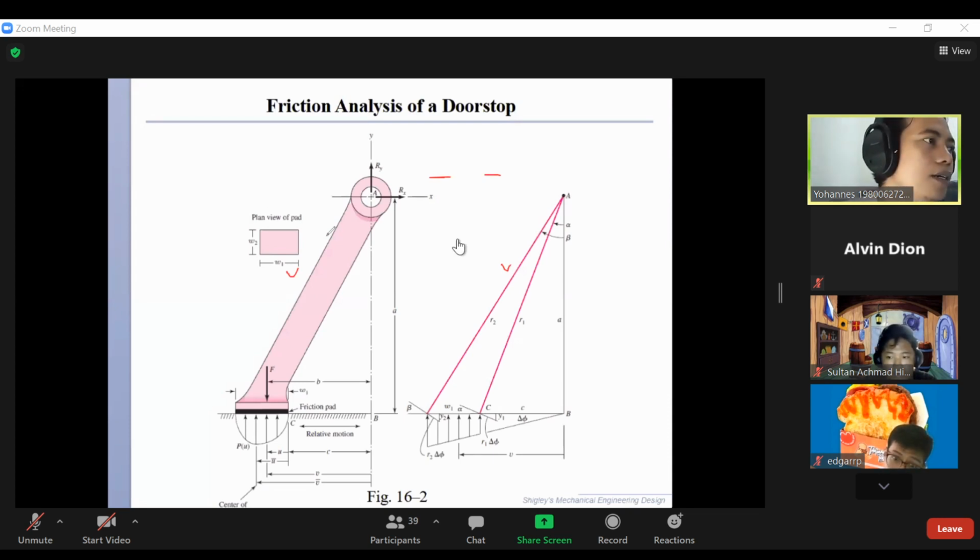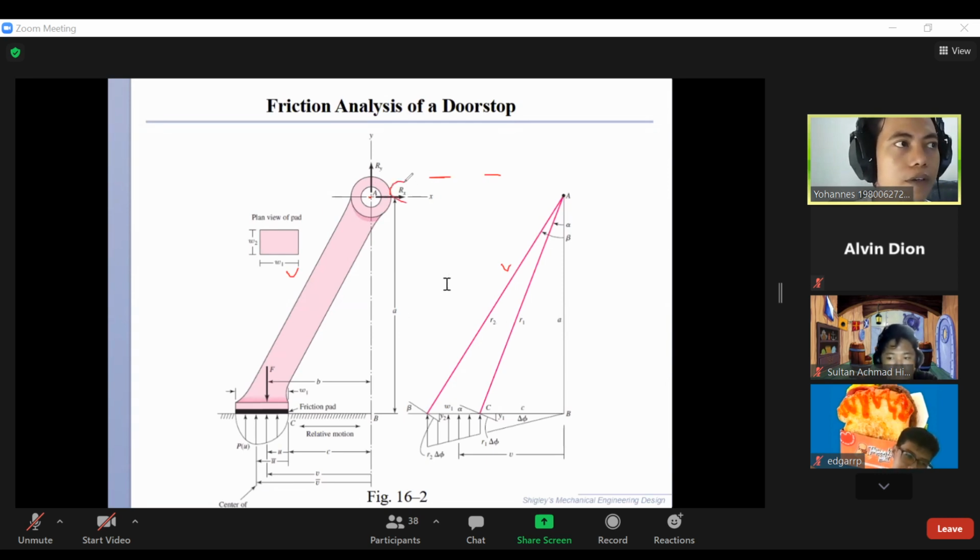Okay. Now let's discuss this mechanism. This is the door stop mechanism, which will stop the motion of the door by friction. The door will make contact with this part. So the door will apply force here, and this component will have reaction force to resist the motion from the door.